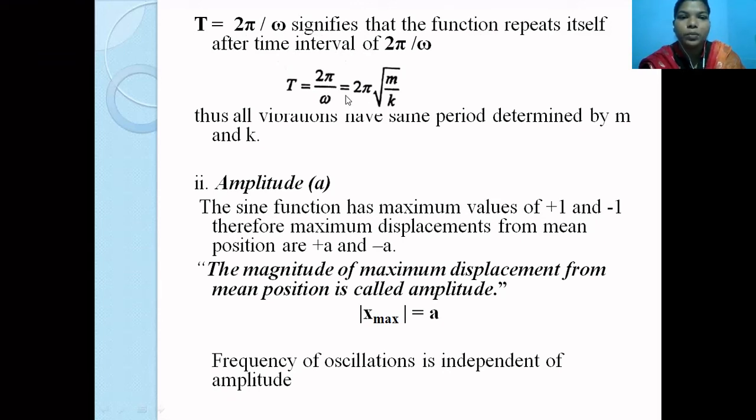I can always replace omega with root of k by m, because I know the definition of omega square. Omega square is equal to k by m, which is how I defined it in the equation I discussed earlier. Thus all vibrations have the same period, which is determined by m and k. The time period depends upon the mass, and it depends upon the spring constant.